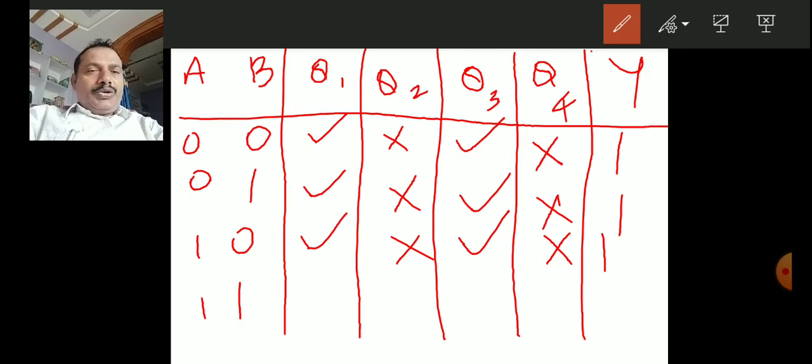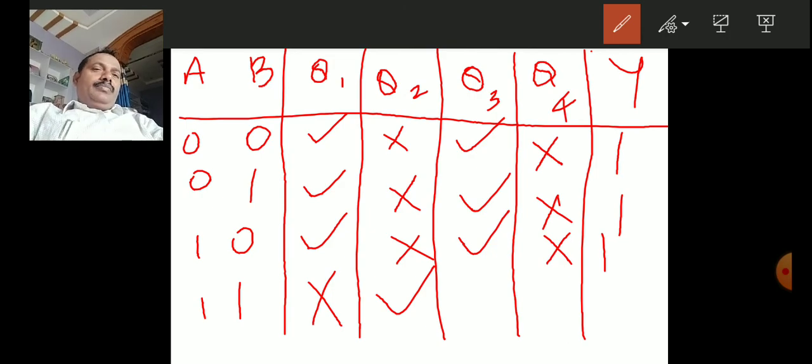So because the emitter junction is reverse biased, Q1 is off and Q2 is conducting. How is Q2 conducting? Because sufficient base current is coming from the power supply through the collector of Q1. Hence Q2 is conducting.